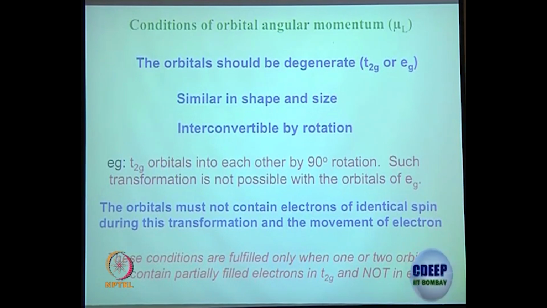So with T2G1 you can get orbital angular momentum, because that one unpaired electron can be either in dxy, dyz or dxz. Three different orientations are possible. T2G2 is possible, T2G3 is not possible, T2G4 once again is possible, T2G5 is possible, T2G6 is not possible.